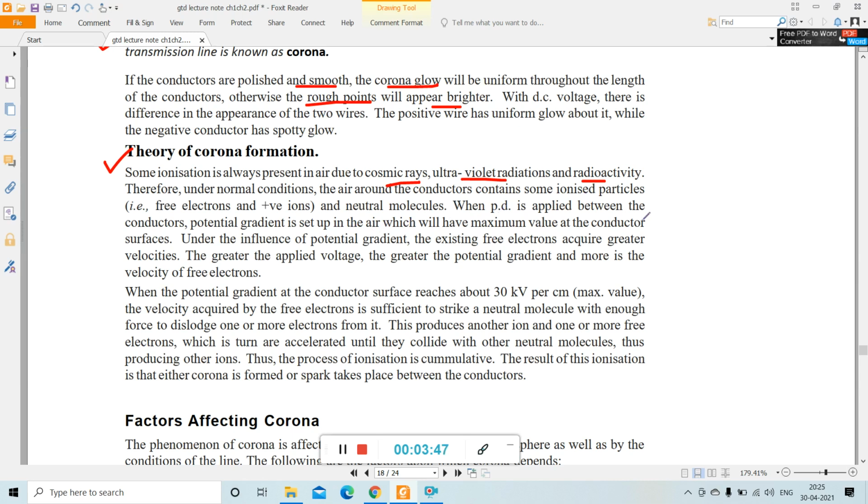When a potential difference is applied between the conductors, a potential gradient is set up in the air, which has the maximum value at the conductor's surface. Under the influence of the potential gradient, the existing free electrons acquire greater velocity.